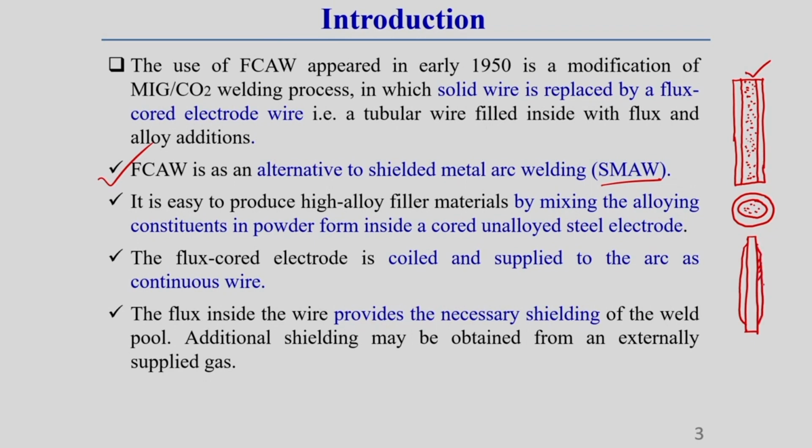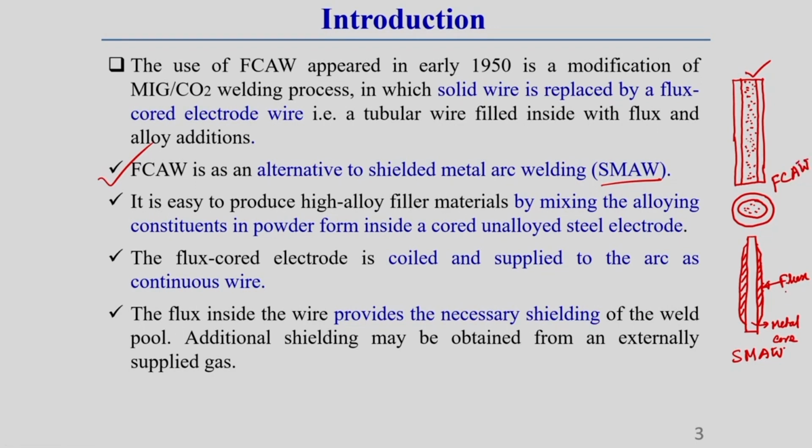That means in SMAW, the shielded metal arc welding process, this is the metal core and the flux is outside. This is the SMAW consumable electrode, and this is the FCAW consumable electrode.